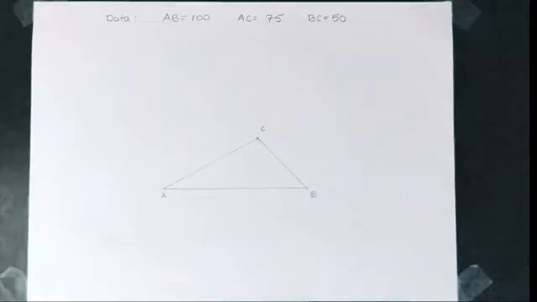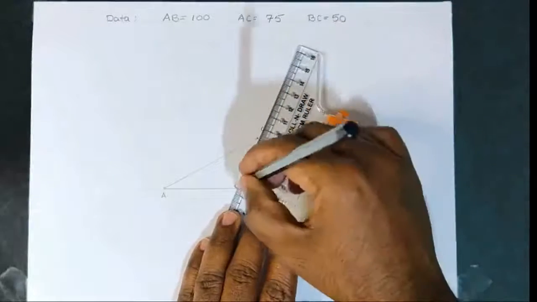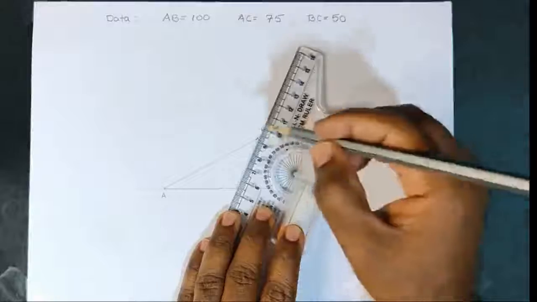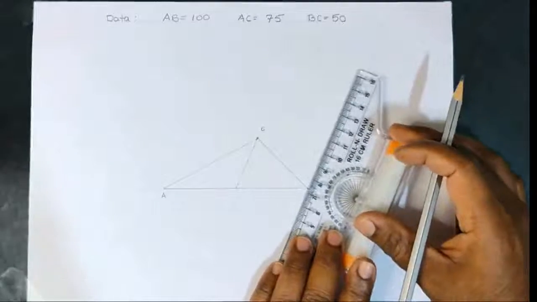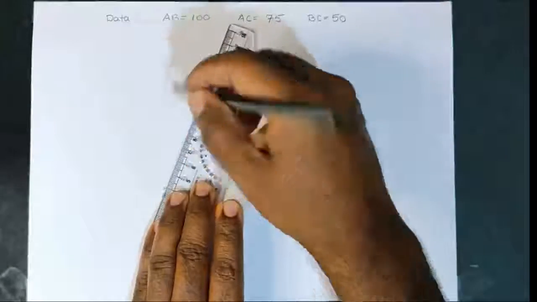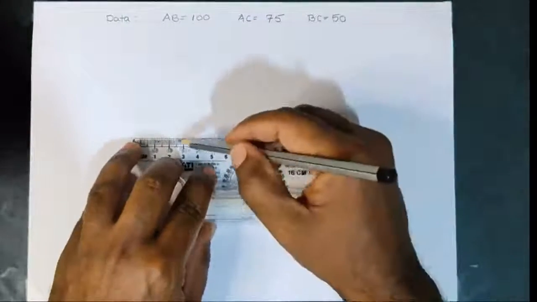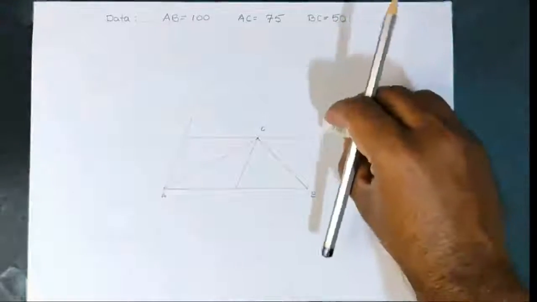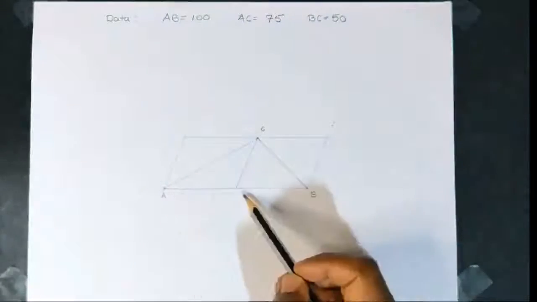So this is the triangle. Now to construct the parallelogram, I join point C with the center of line AB and then draw parallel lines through points A and B. Parallel to the base, I draw a horizontal through C and this gives me a parallelogram construction.